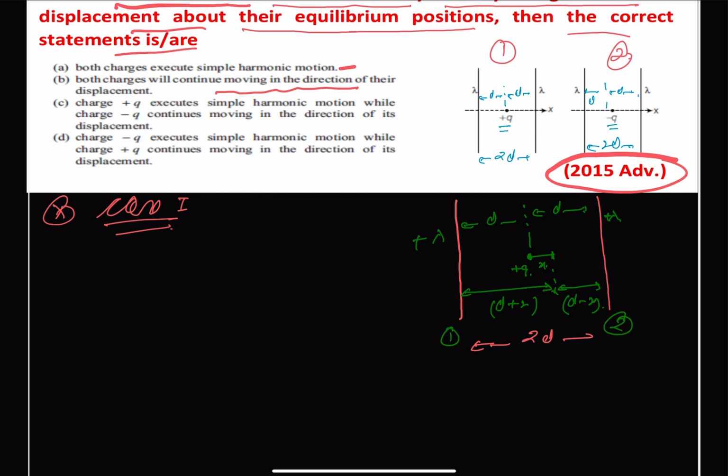Line 2 is going to apply the force in this direction, and line 1 is going to apply force in this direction, and it is going to move in only one direction. Obviously the distance between the charge and line 2 is less, so the force applied will be more. So here the force is F2 and this is applying force F1.